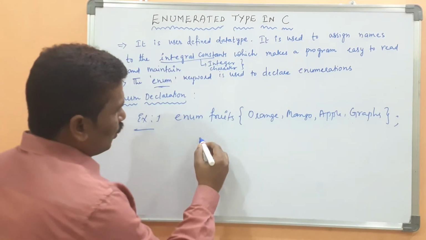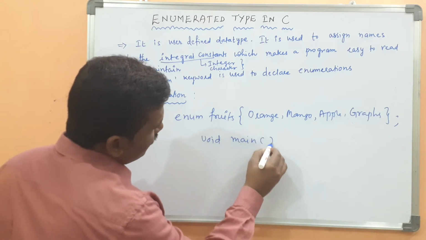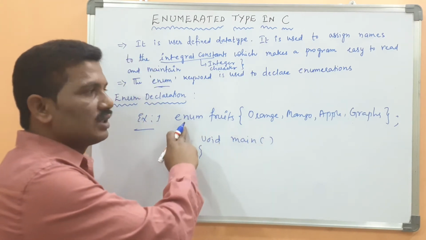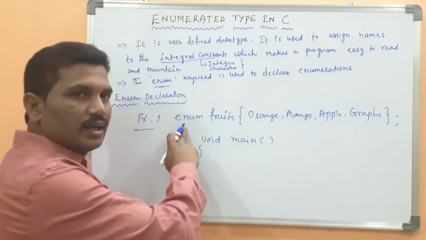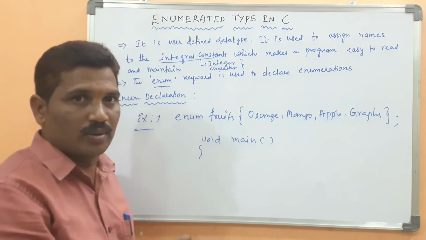You can declare this enumerated type either outside the main or inside the main, there is no problem.